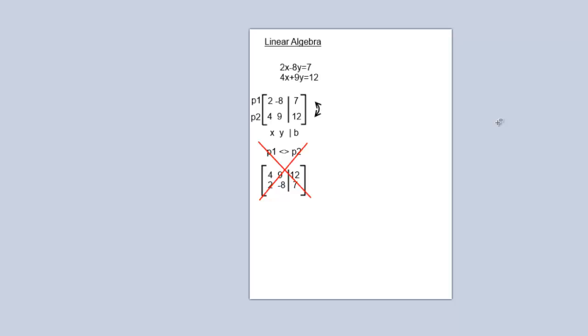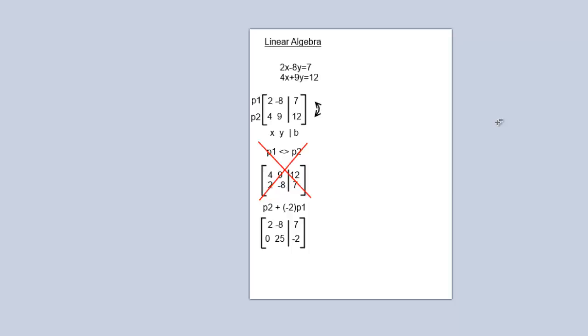Next, you can multiply your row by a constant, which it might seem like I did before to match the x coefficients, but that isn't quite right. I actually use the last row operation, which is that you can add a multiple of another row to another. To subtract, use a negative multiple. So it's always addition, but sometimes you use negative multiples.